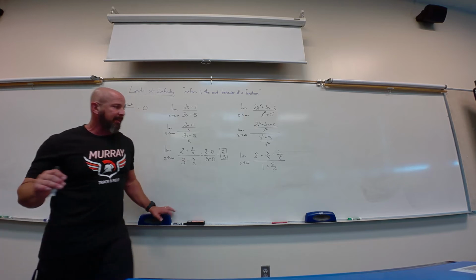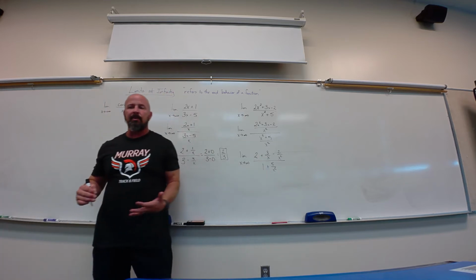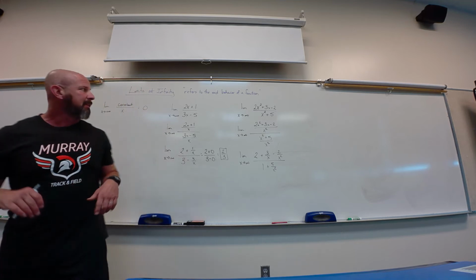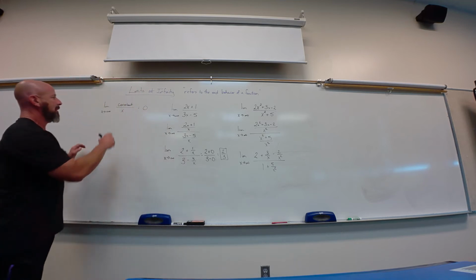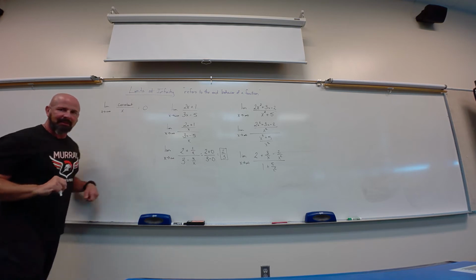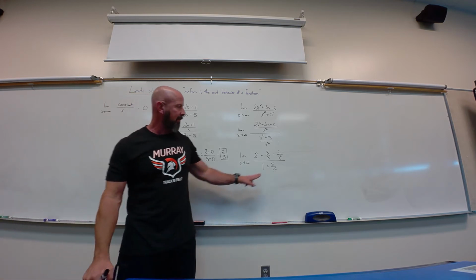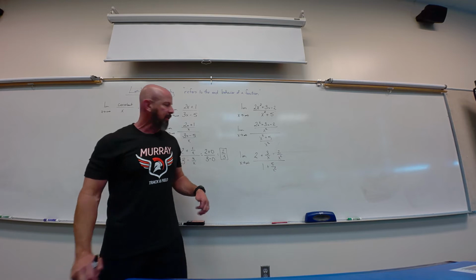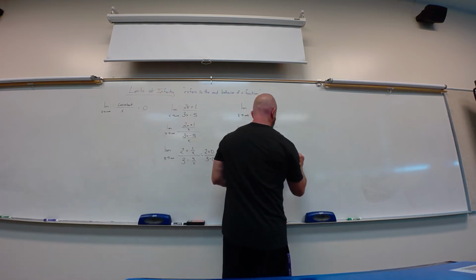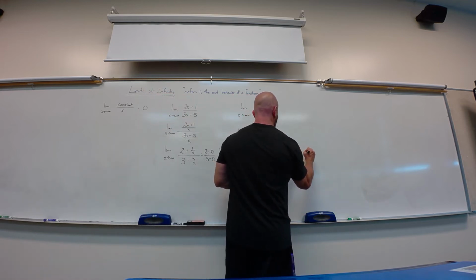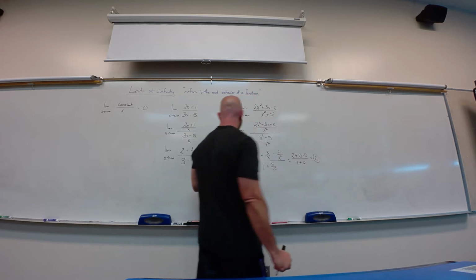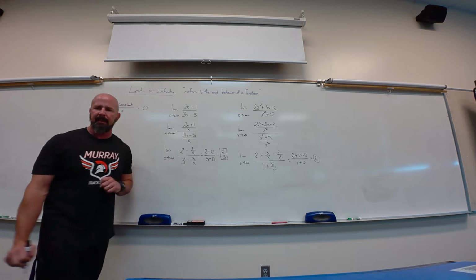It doesn't matter that it's x squared versus x, it's still going to go to 0. You're taking a constant divided by some infinite amount. Infinity squared is still infinity. So this would become 2 plus 0 minus 0 over 1 plus 0, which is 2. There would be that piece.